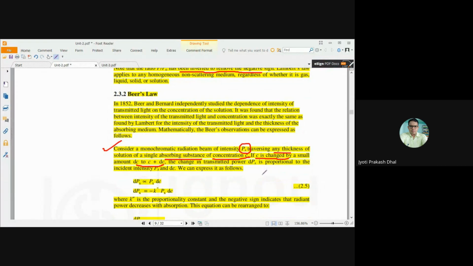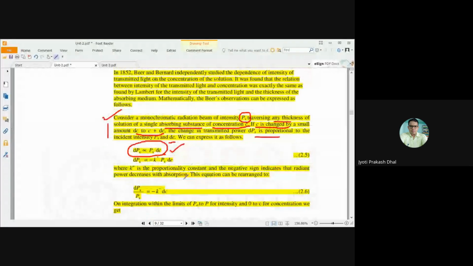dPx is proportional to the intensity of the incident radiation and dC, that is, dPx is directly proportional to Px into dC. This is the statement of Beer's law and its mathematical expression.